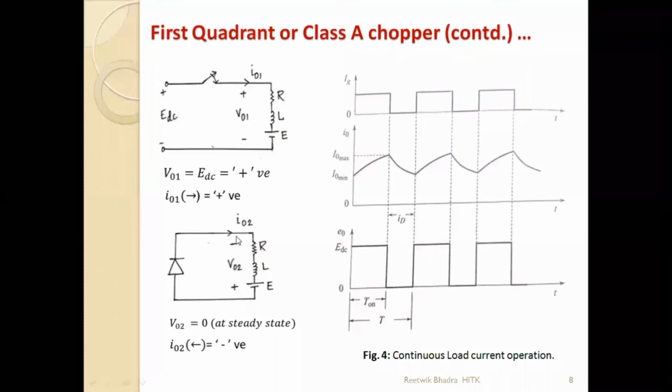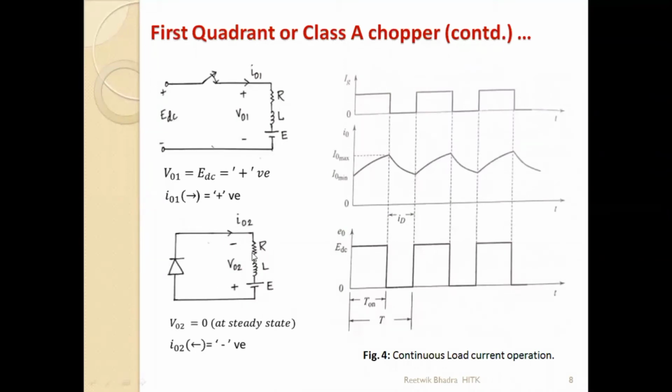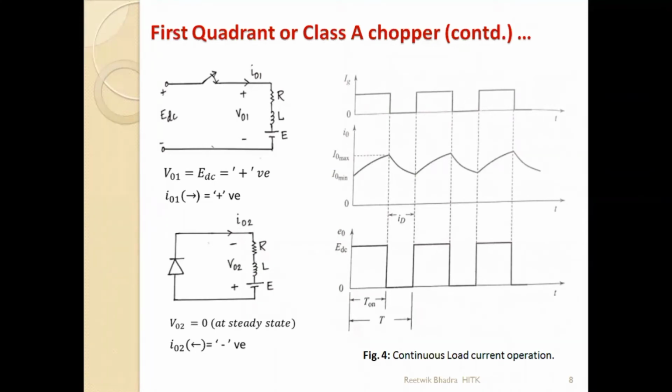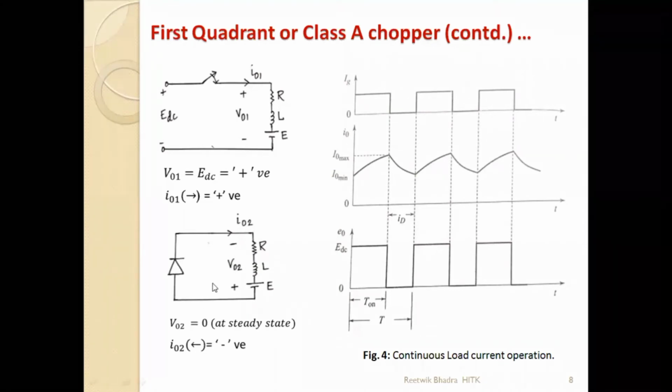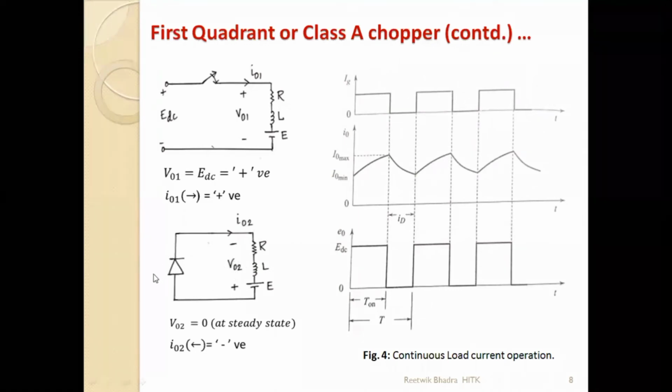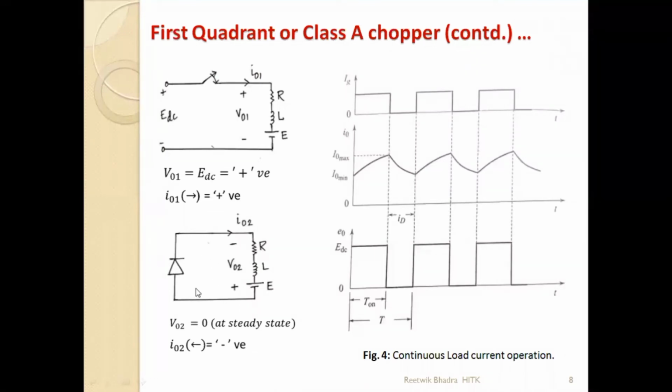V02 is nothing but the voltage across the diode. This load is connected in parallel to this diode, so Vd is equal to V02. I am considering ideal operation, so Vd will be 0. So V02 is equal to 0 at steady state.